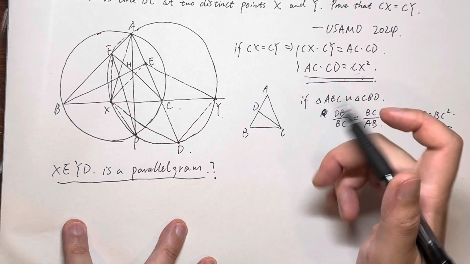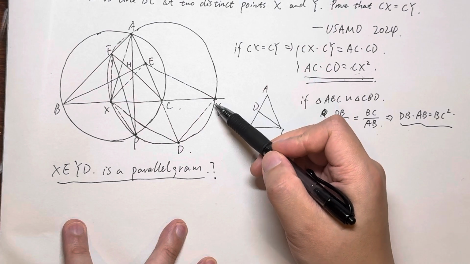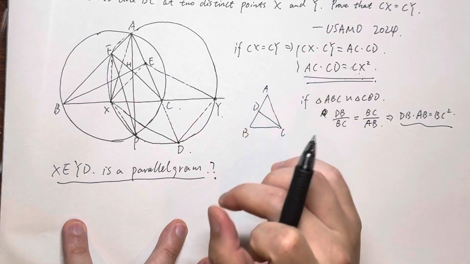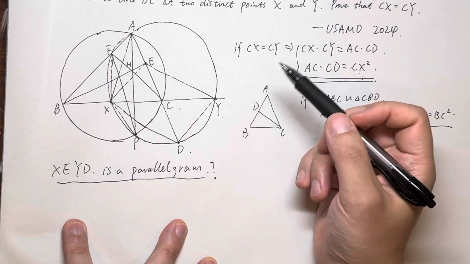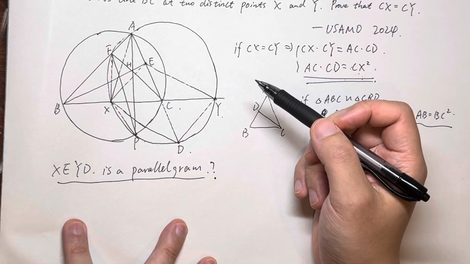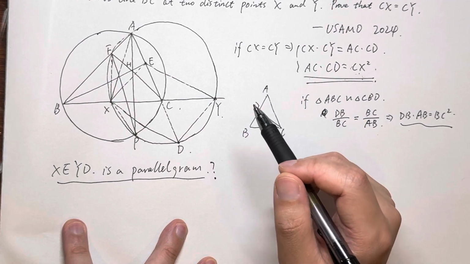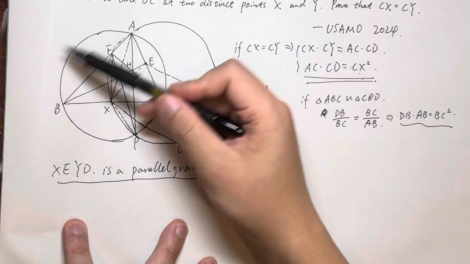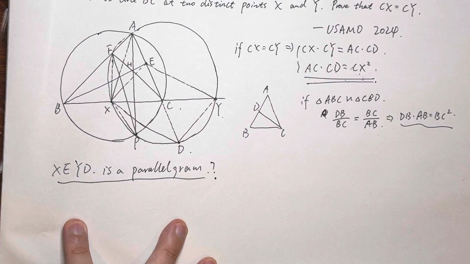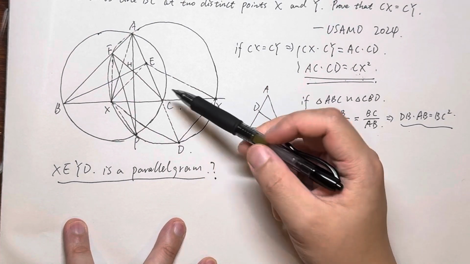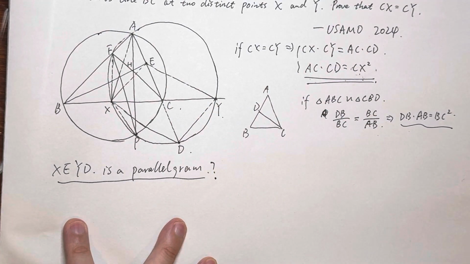We cannot use that just because Y is a point that is difficult to associate with other points to get the length of the side. But it's easier to get the angles, right? Just because we have two circles here, which is a strong hint that we should use the way of proving parallel lines to prove that XEYD is a parallelogram.